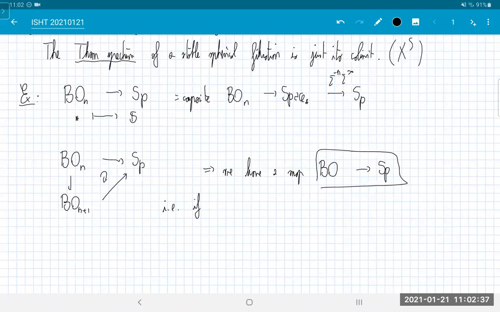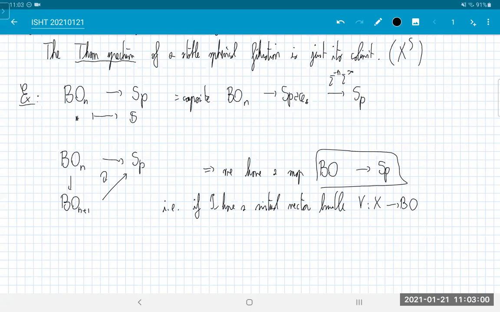That is, if I have a virtual vector bundle, say of rank 0, although it's not very important, to BO, a virtual vector bundle, remember, is a map to BO times Z. So I'm just taking the 0 component here.